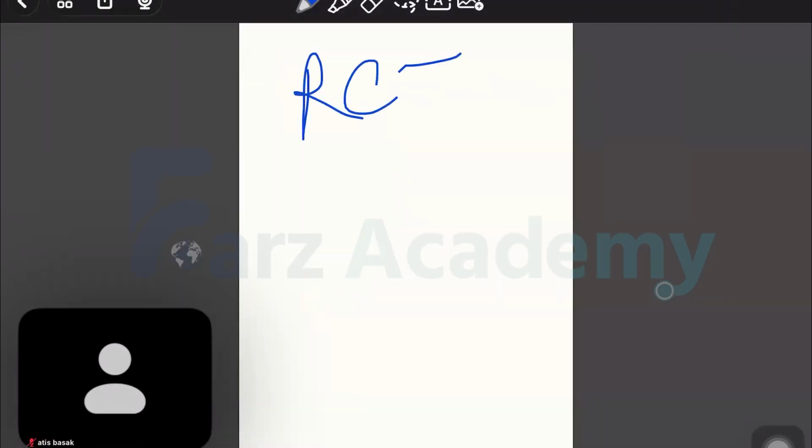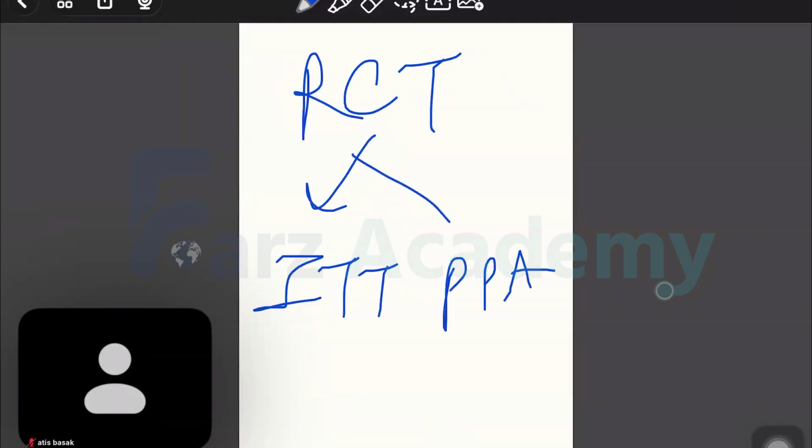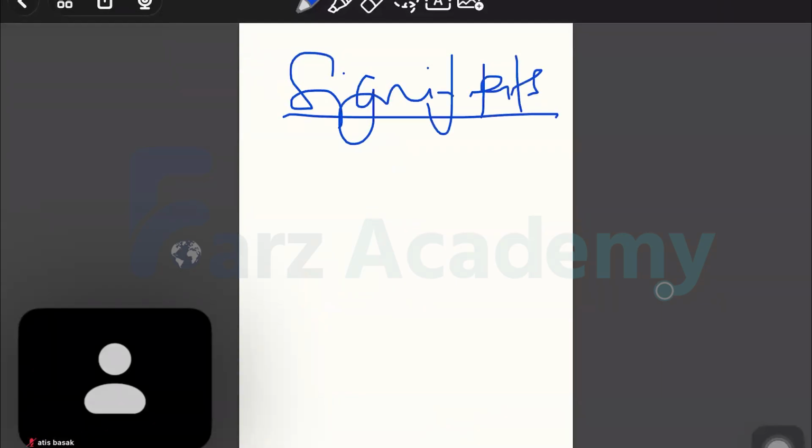Then we also saw randomized control trial. I hope you all remember intention to treat and per protocol analysis, based on whether dropouts are included or not included. Then we saw significance tests. Parametric, non-parametric tests. In parametric, tell me what were the two tests?